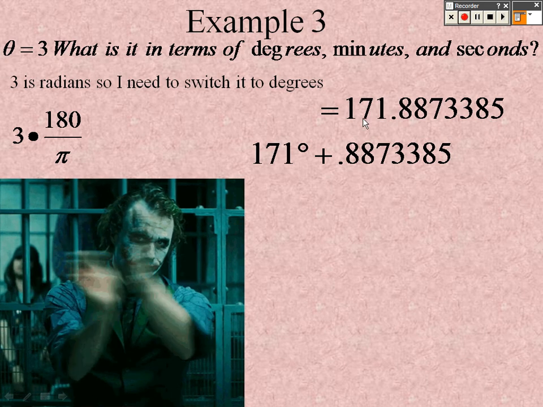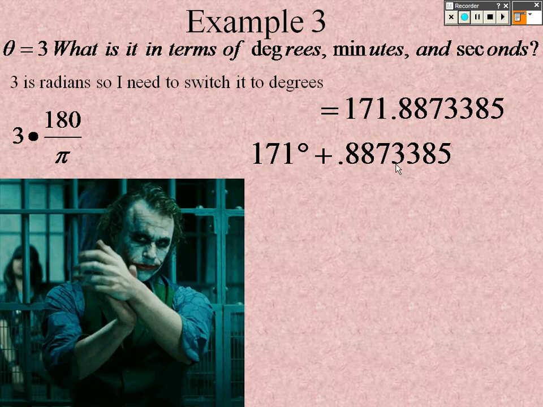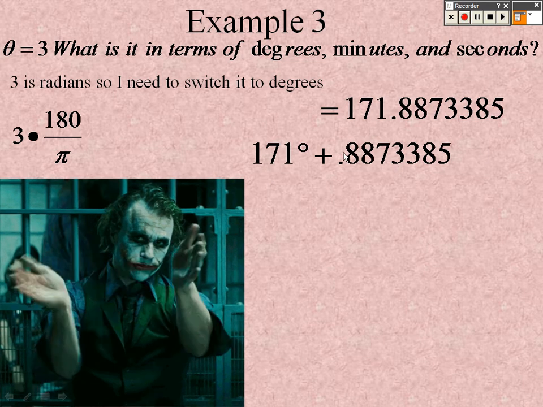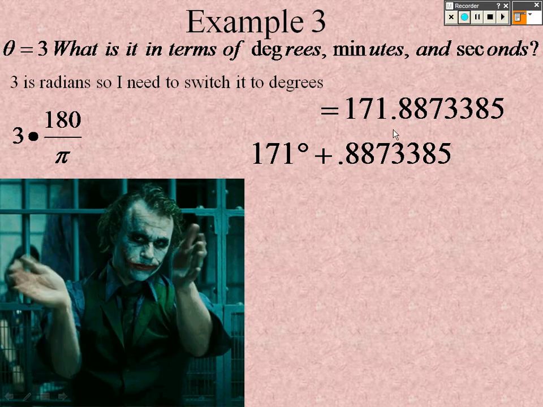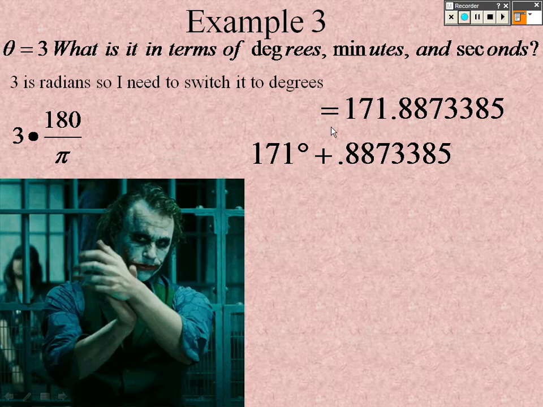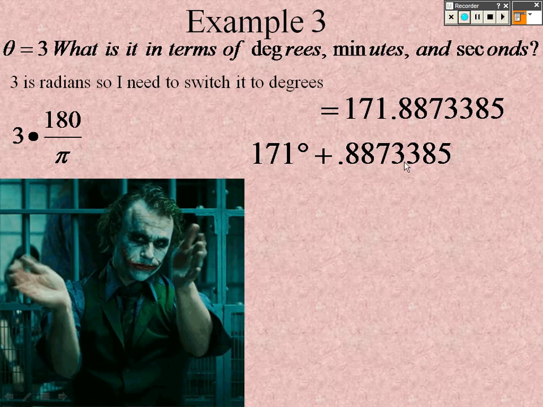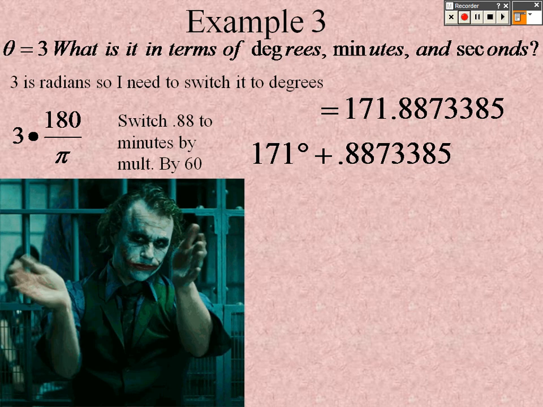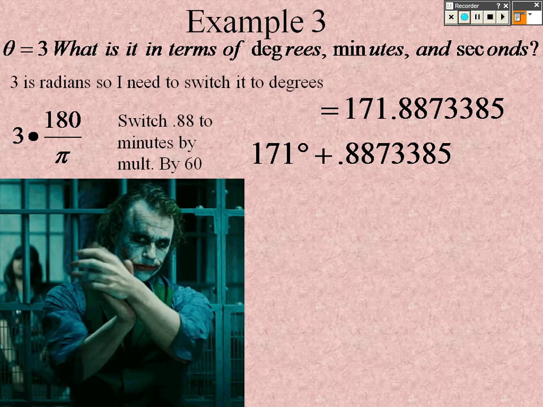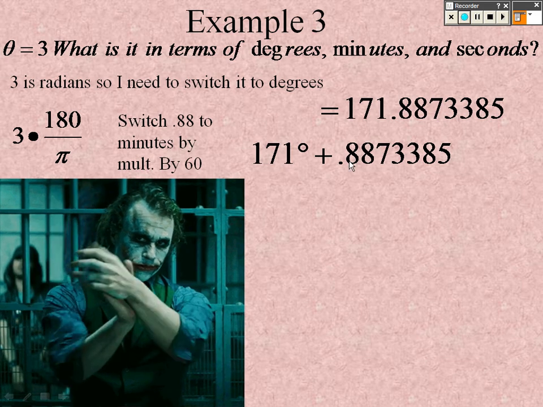I have the degrees. The degrees is definitely 171 point something. So that's why, if you notice, I pulled this apart. I have 171 degrees and I have that 0.887338.5 all there by itself. So how do I take that and switch that into minutes and seconds? I take that decimal, and you switch it by multiplying it by 60, because how many minutes are there in an hour?